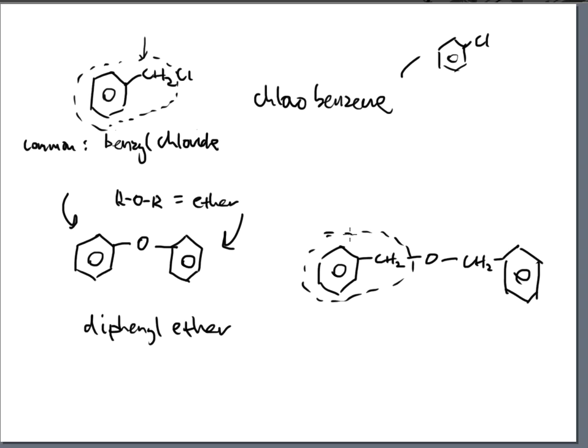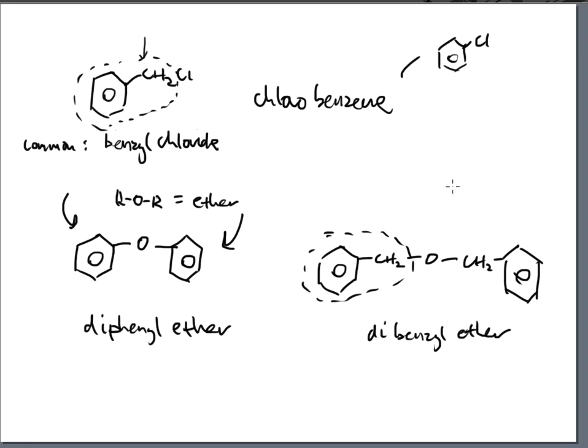But we never really saw anything that had a ring system like this on it. Well, now's the time. So that benzene ring with the middle carbon that's attached to the oxygen, that is called the benzyl group. So there's two of these, one on the left and one on the right. So that would be dibenzyl, and then I add the word ether onto that. So dibenzyl ether would be the appropriate name for that structure.